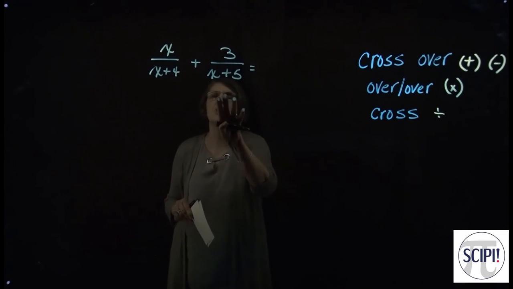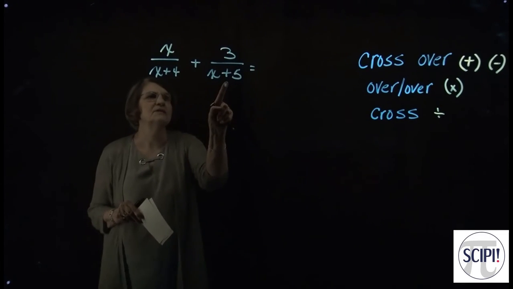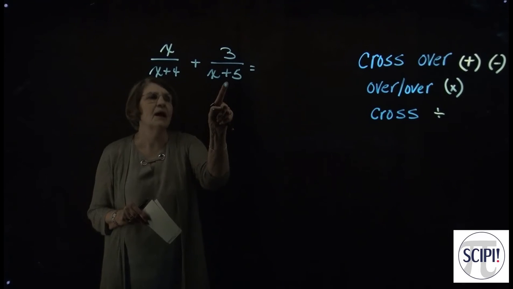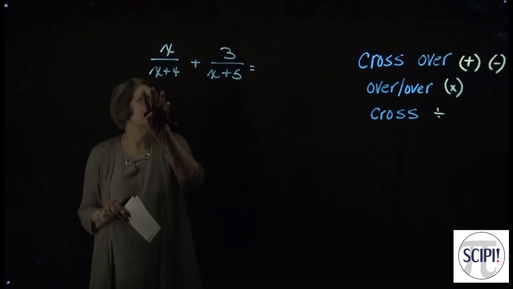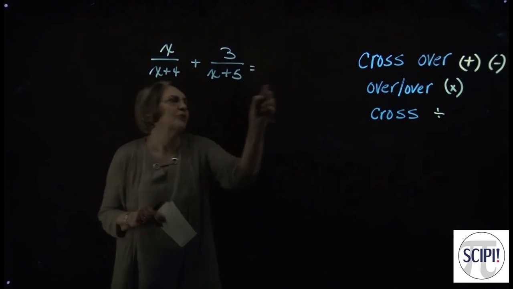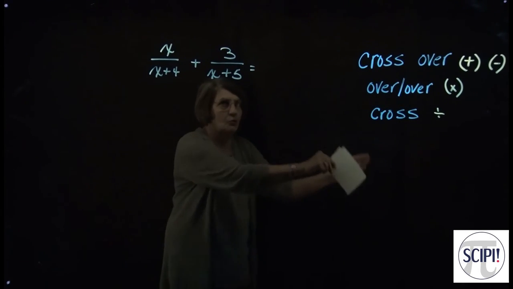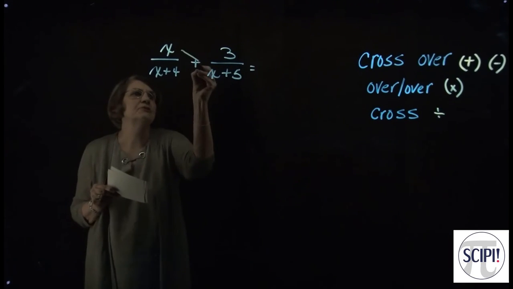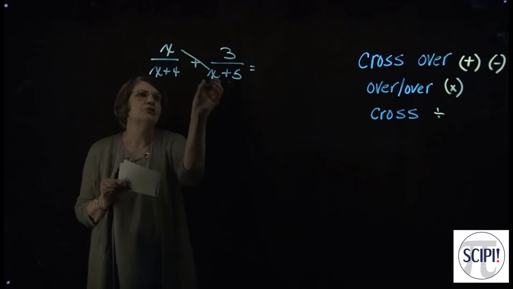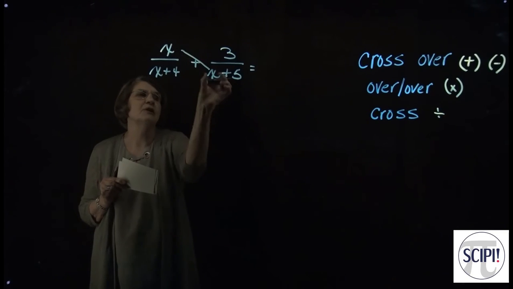This is our second problem, and let's look. The denominators are different, and I have to find a common denominator. Now, instead of doing that, I'm going to go over and use the crossover rule. Remember, cross over. So I'm going to do this, and that's going to become my numerator because I'm starting with the numerator.